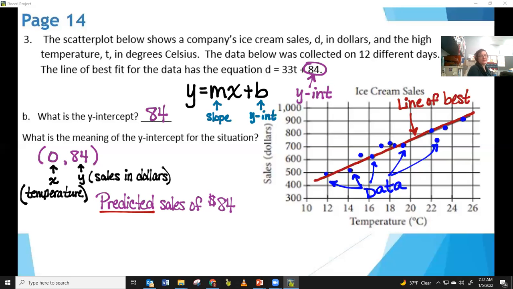We predict that we're only going to sell $84 worth of ice cream when what is the high temperature? What's the rest of that ordered pair? 84 goes together with what number? 0. Predicted sales of $84 when the high temperature is 0 degrees Celsius.